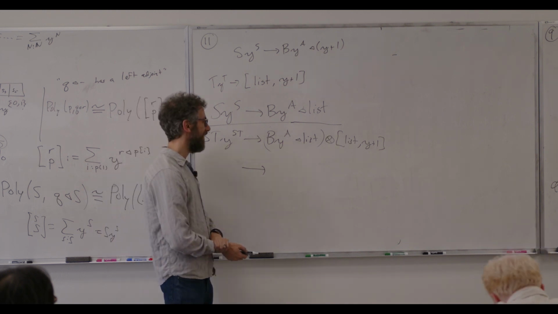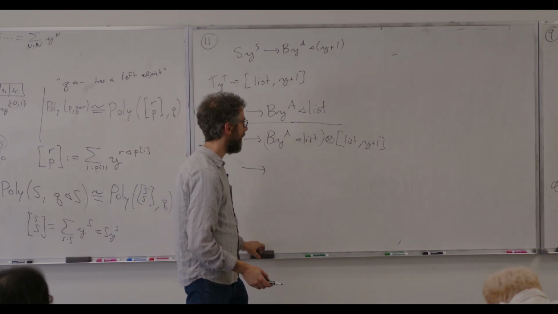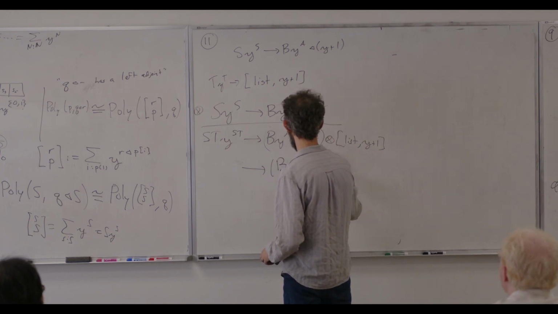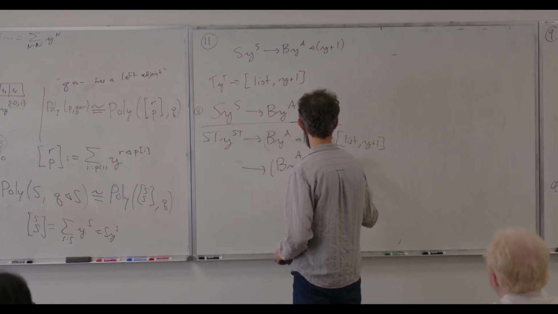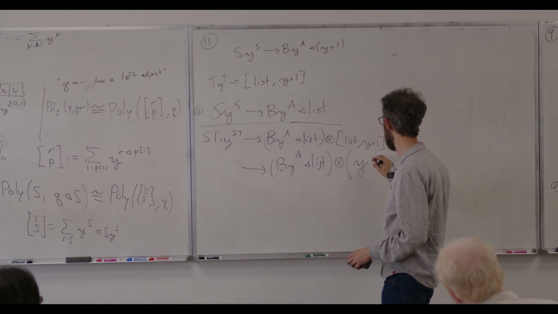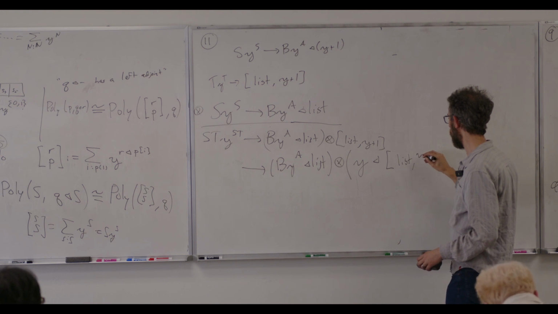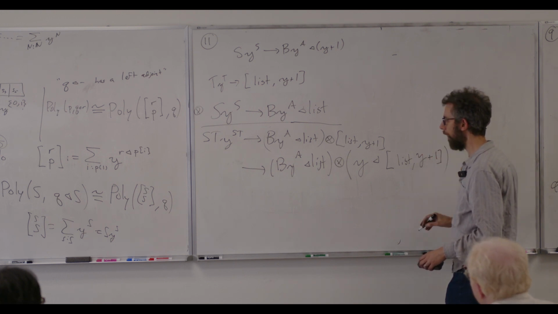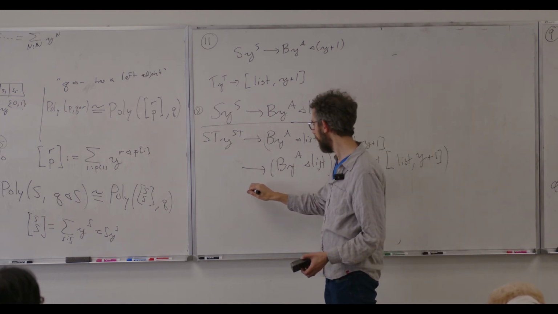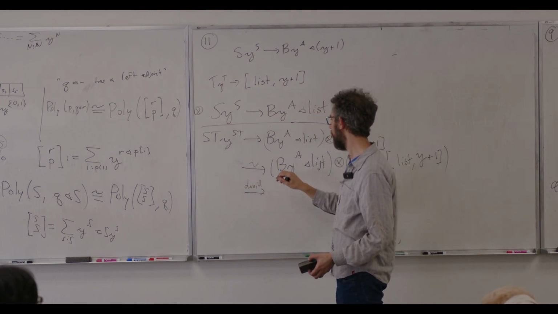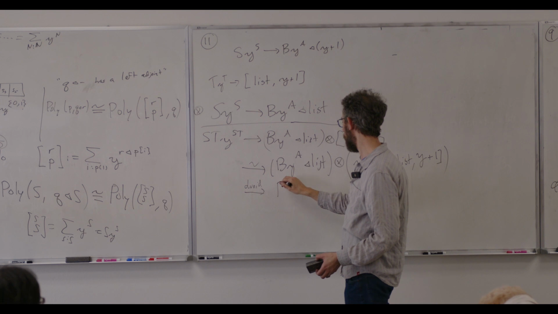I want to make an isomorphism, and I want to replace list y plus 1 with y tensor list y plus 1. Okay, and now you want to use duality? Okay, dual. And what do you get?